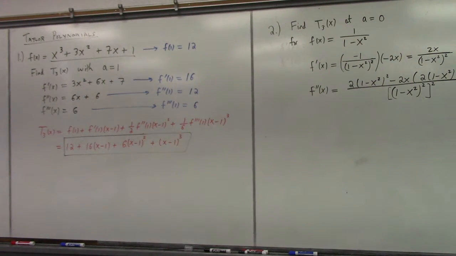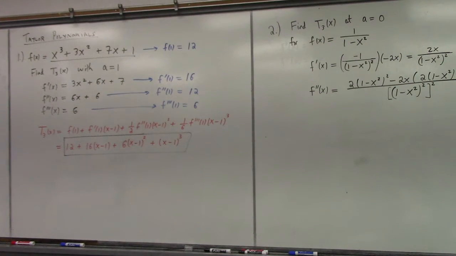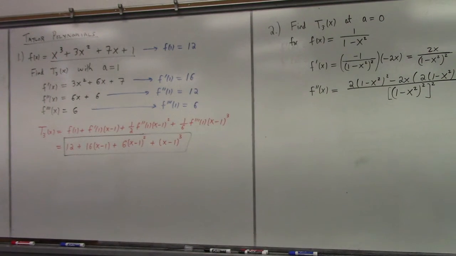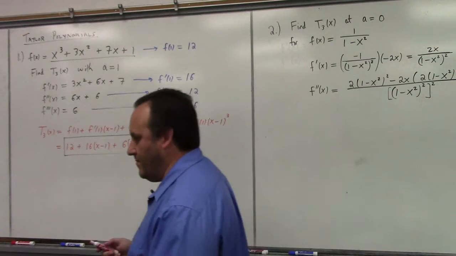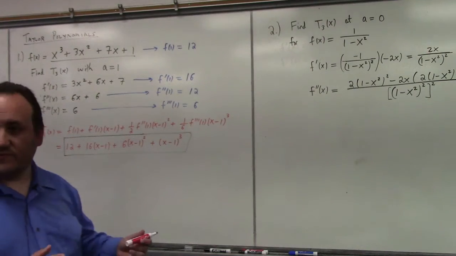We get 2 plus 6x squared over 1 minus x squared to the third power. Yes, this agrees with Wolfram Alpha.